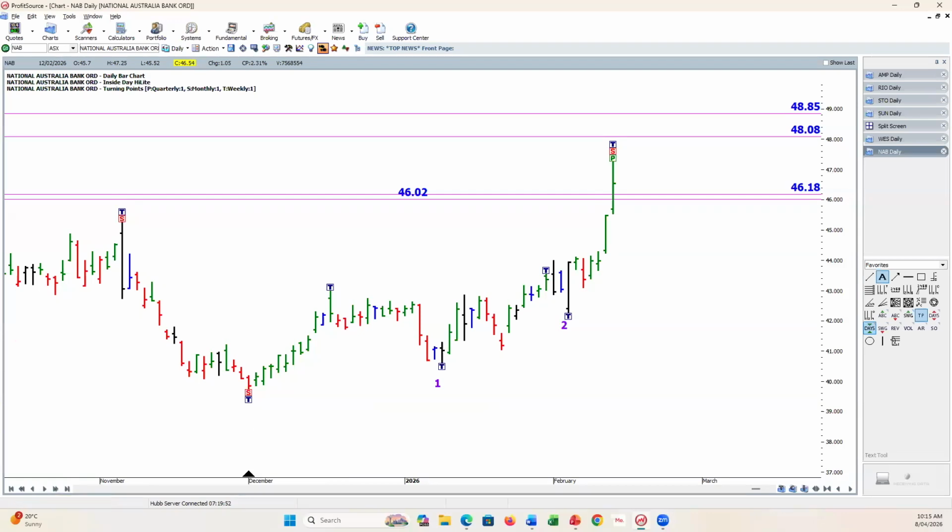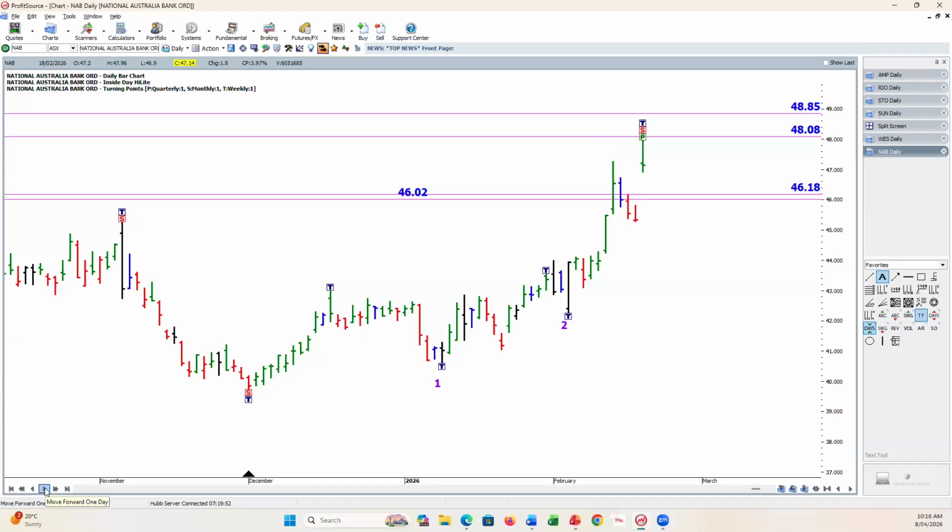All right, so on this occasion here, trade 1 has hit its target at 47.12. Okay, so those students who took trade 1 down here have now hit their target and they're happy with that. So we'll keep moving down, but they still have that second trade currently.